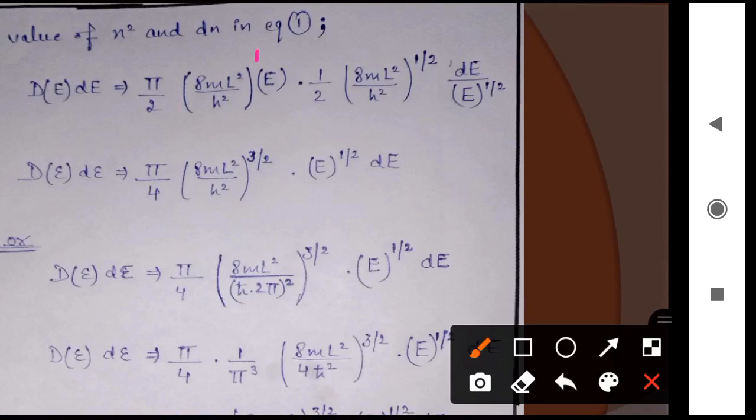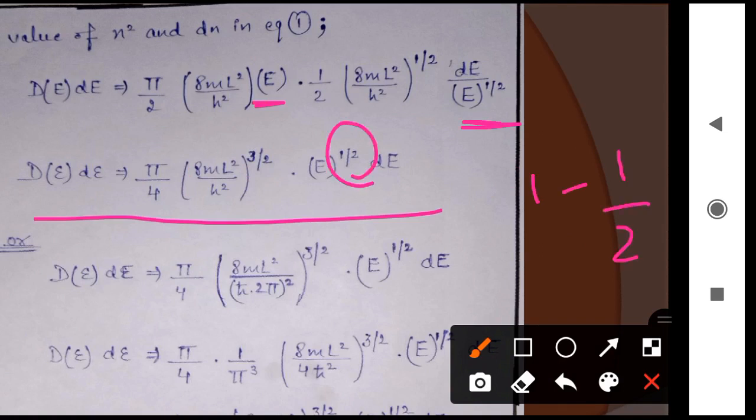See, here the power is 1, here the power is 1 by 2. 1 plus 1 by 2, I get the power of 3 by 2, everything else is the same. This 1 by 2 into pi by 2, I get pi by 4. So our equation is pi by 4 into (8 m L square by h square) to the power 3 by 2 into E to the power 1 by 2. Here is E, 1 minus 1 by 2, I get 1 by 2.